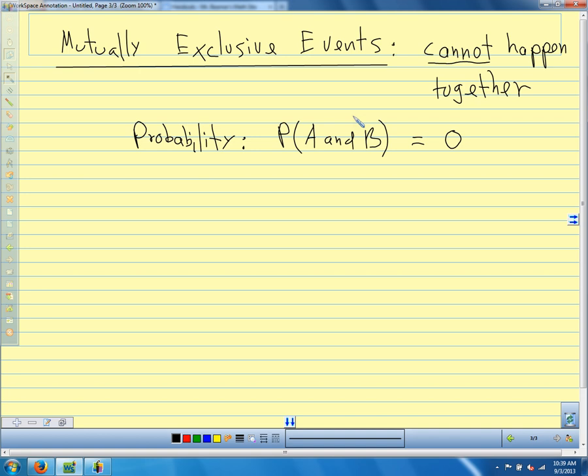But we could talk about one or the other happening. We could talk about getting an A or getting an F. The door being opened or the door being closed. Getting a 1 or getting a 6. So if we're looking at one or the other, we're going to add probabilities.